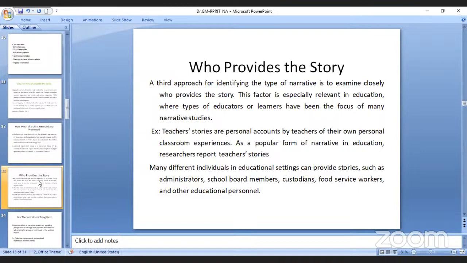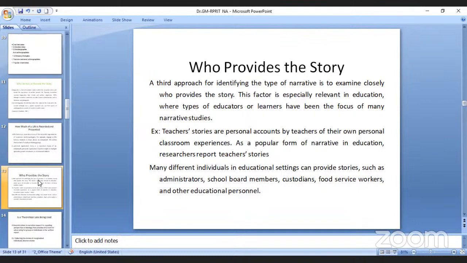Then who provides the story for the narrative analysis? This is the third approach for identifying the type of narrative: to examine closely who provides the story. This factor is especially relevant in education, where types of educators or learners have been the focus of many narrative studies. In education, there are different learners: above average, average, below average.